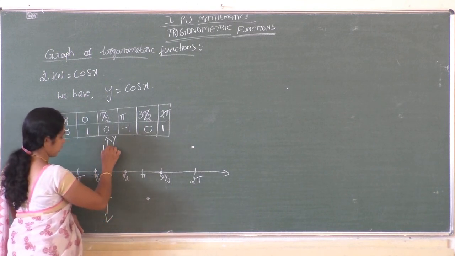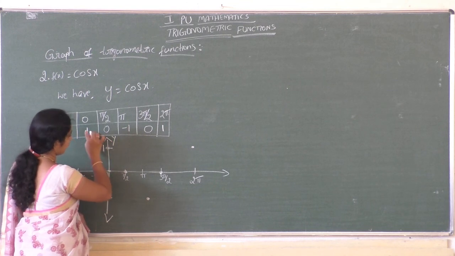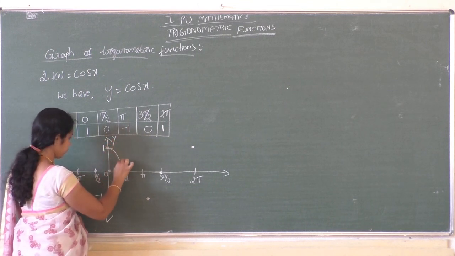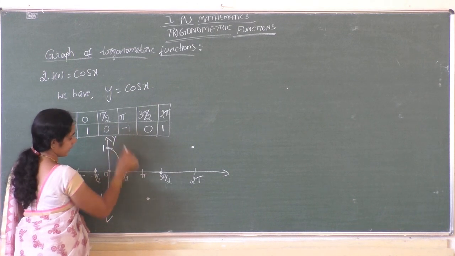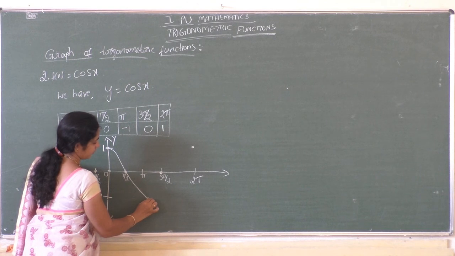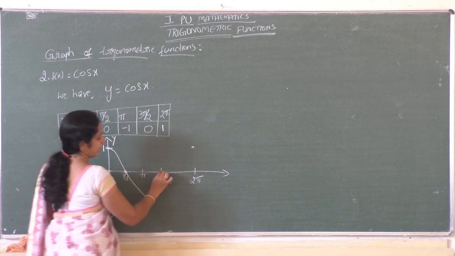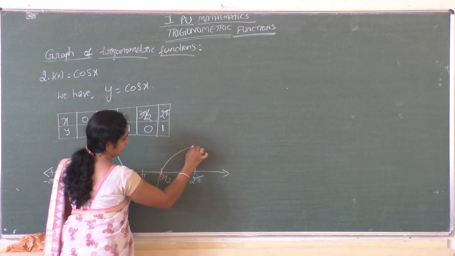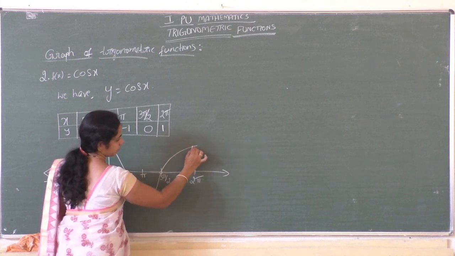Join now. Cos 0 is 1. In the first quadrant it decreases from 1 to 0, again decreases from 0 to minus 1, increases from minus 1 to 0, and again increases from 0 to 1. It continues like this.